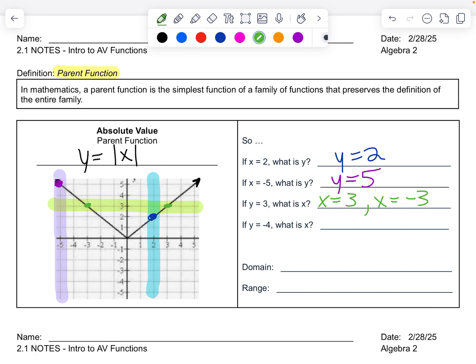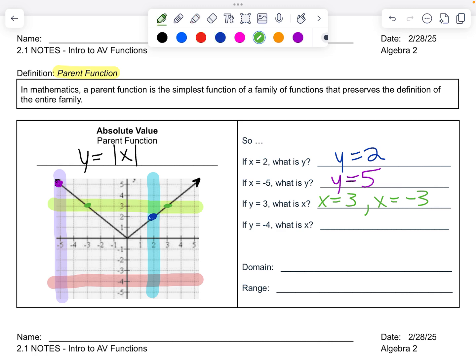This last one, if y is equal to -4, what is x? A little bit weird of a question. I'll go down to y is -4 on the graph, and we can see nothing in this picture, nothing in that absolute value function, which, by the way, kind of looks like the letter V, which is nice for value, but nothing hits there.